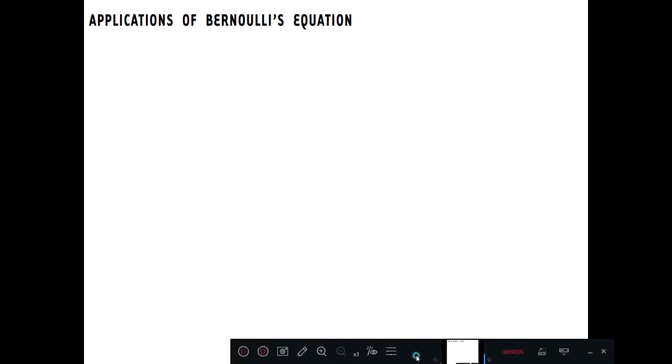In this particular session we'll discuss the applications of Bernoulli's equation. As we know, Bernoulli's principle states that for a streamline flow, or if the fluid is ideal or incompressible, the total energy at every point remains constant.